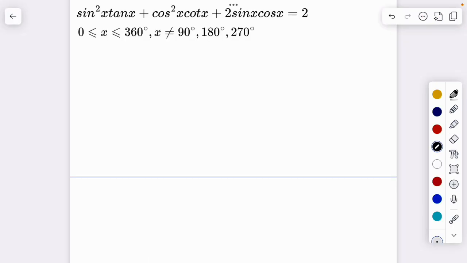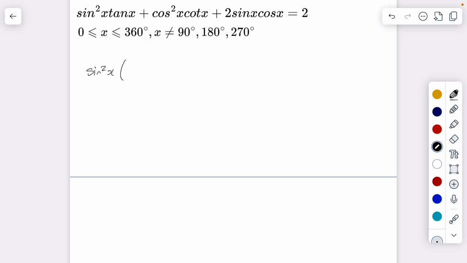Alright guys, now this one looks a little bit more intimidating, but it actually isn't once you break it down. This is all just about applying our trigonometric identities and seeing how we can weave everything together. So what we've got here is sine squared x tan x.